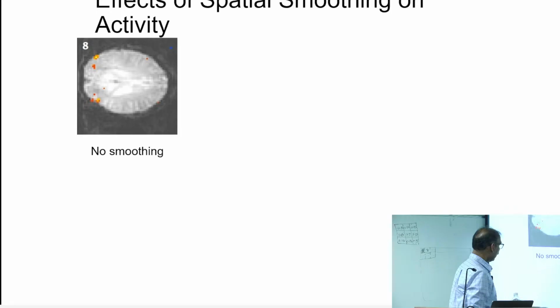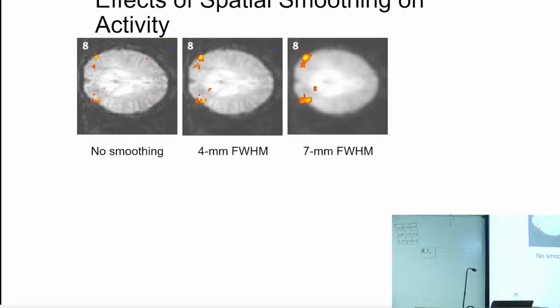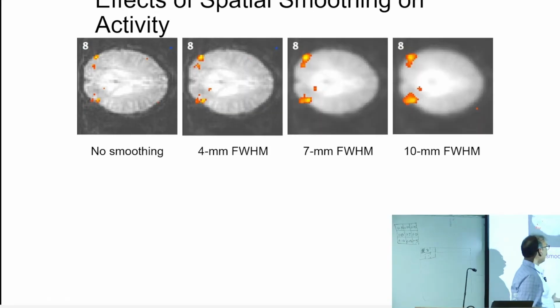Different people have different opinions about this, but I feel that you should not smooth more than you need to, right? Because you are not really gaining anything, and especially in this case, are you really adding more value than this one, right?